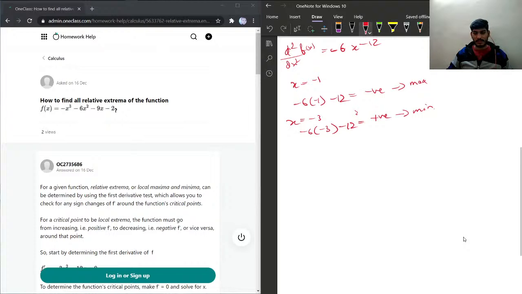Now we'll find the coordinates, because we have the x coordinates of the maxima and minima. For the y coordinate, we just plug these values of x into the function.